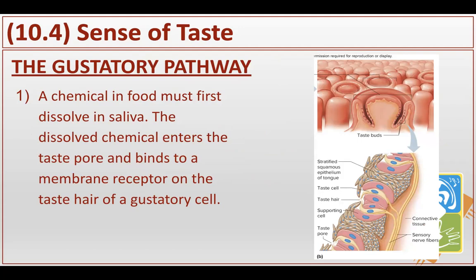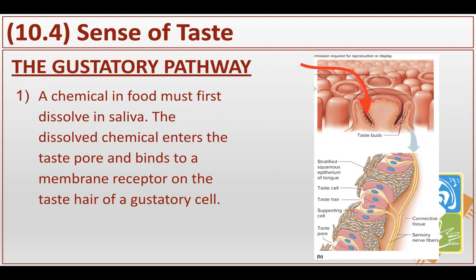So the chemical is going to dissolve within the saliva. They're going to flow over the papillae down towards the taste buds and flow into the taste pore. And within there, we've got our taste hairs, receptor proteins on the taste hairs. They bind to the chemicals within the saliva.